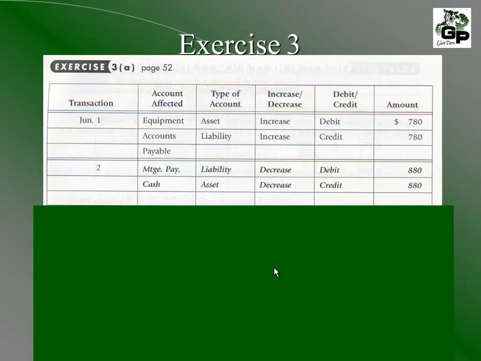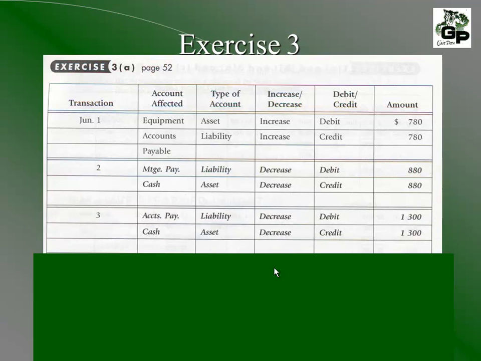Second transaction, on June the 2nd, the two accounts affected are mortgage payable and cash. Mortgage payable is a liability account, cash is an asset account. The mortgage payable account decreases, the cash account also decreases. Liability accounts decrease on the debit side, asset accounts decrease on the credit side, and the amount is $880.